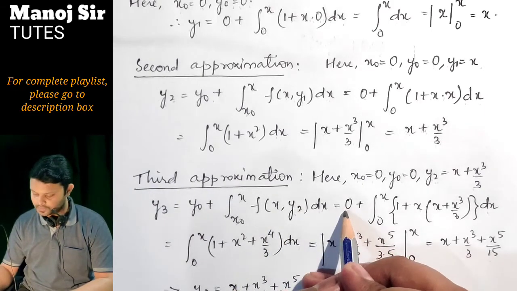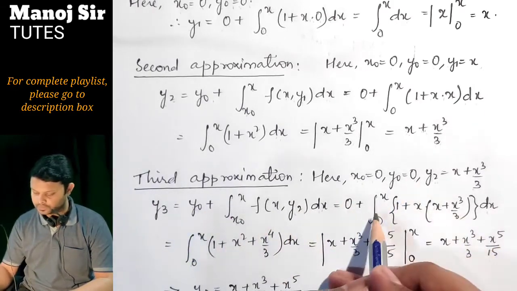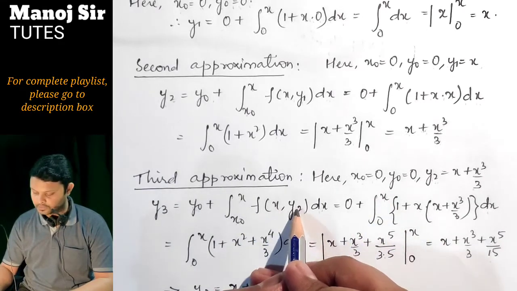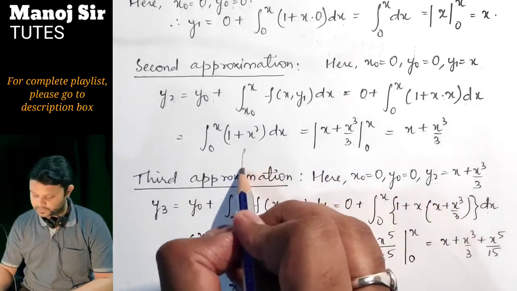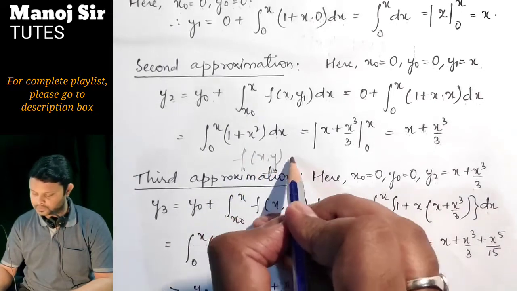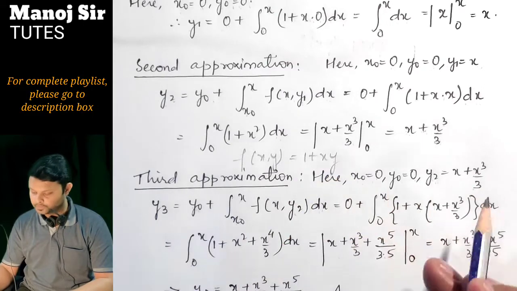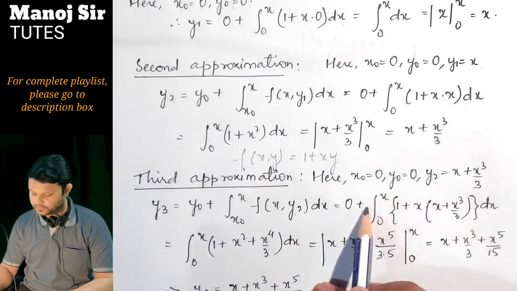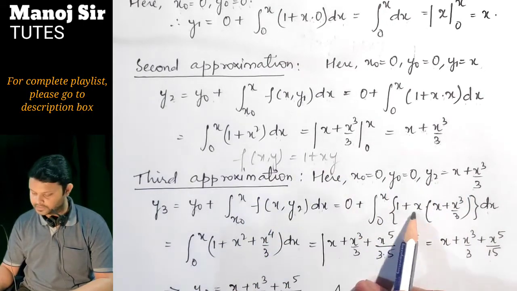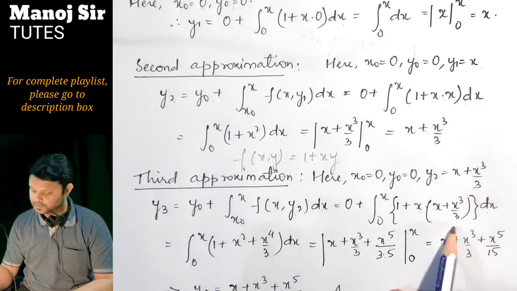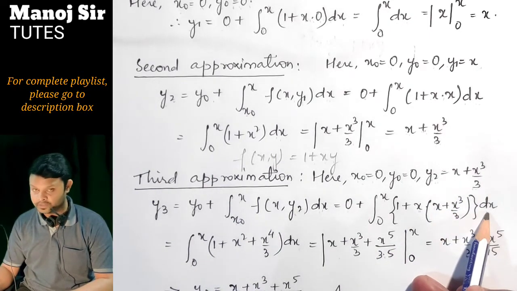Now this equals y naught, that is 0, plus the integral from 0 to x. Here the function f(x, y) is 1 plus x into y, and in place of y we need to put y2. So we have 1 plus x into this whole thing, which is y2, that is x plus x cube upon 3. Don't forget to write dx here.